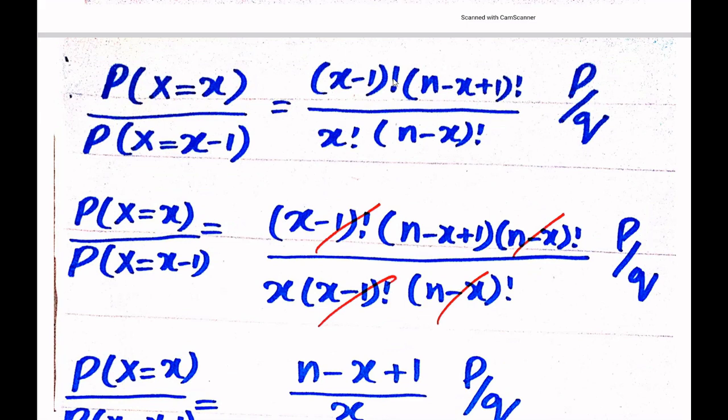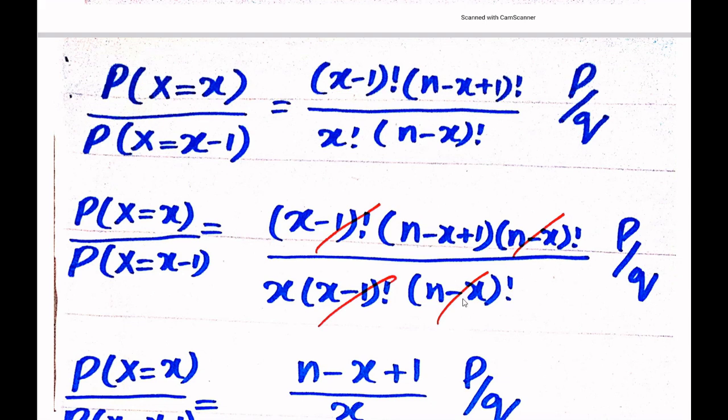I look again at this point, (x minus 1) factorial. Here we decrease by one term. When you expand factorial x into x times (x minus 1) factorial, because we want to cancel this, it cancels out with this number. Similarly we have (n minus x) factorial, which we cancel out here.